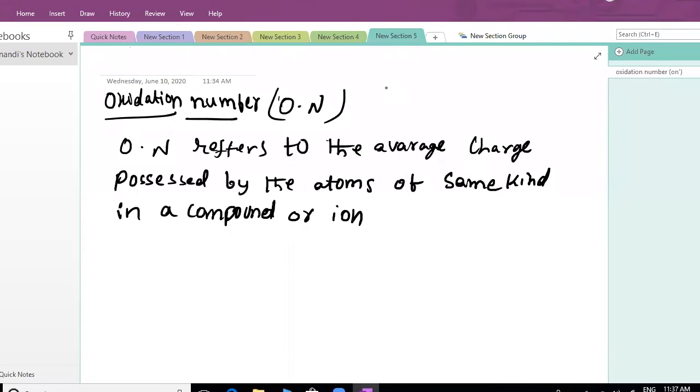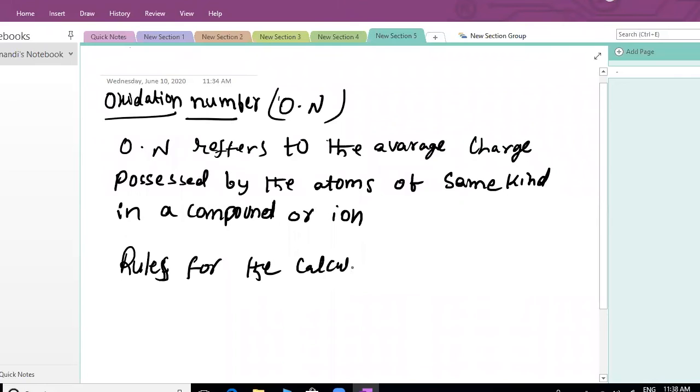Rules for the calculation of oxidation number.